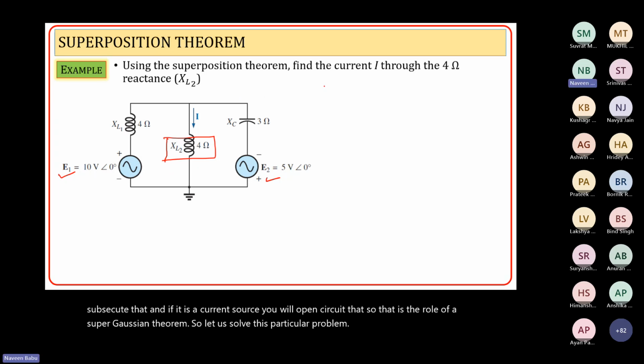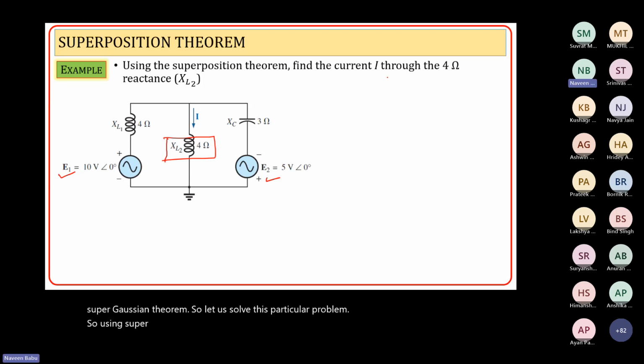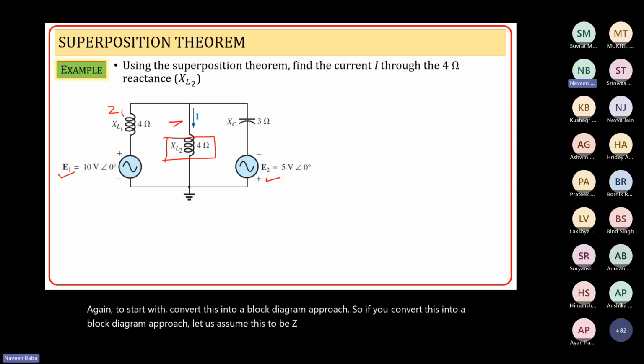Using the superposition theorem, find the current I through the 4 ohm inductive reactance. Again, to start with, convert this into a block diagram approach. Let us assume this to be Z1, this to be Z2, and this to be Z3.